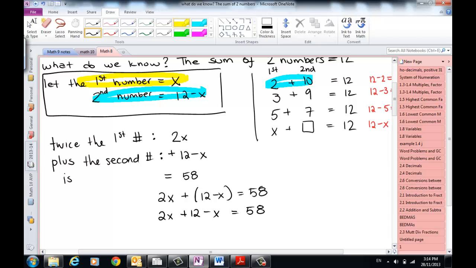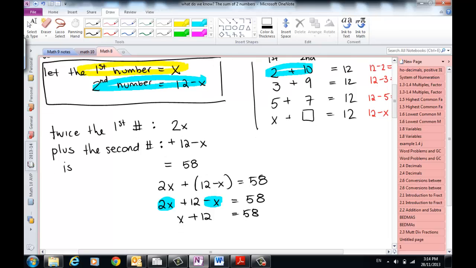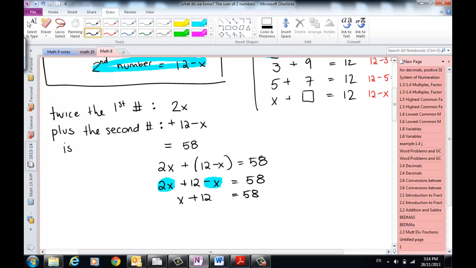Then I can collect my like terms, and I get x plus 12 is equal to 58. Because we've been solving equations, we know that we're going to subtract 12 from both sides, and we get that x is equal to 46.